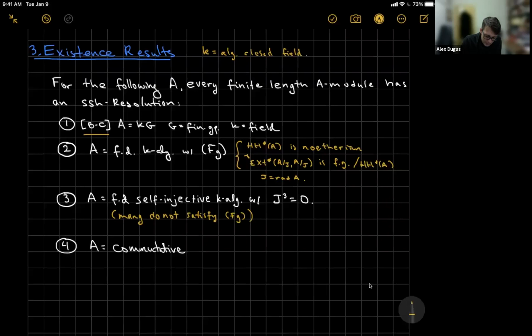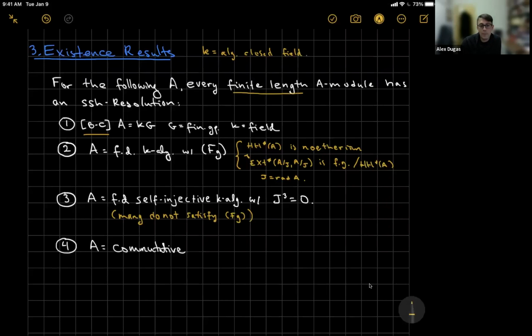Something else I wanted to say here: again, A is still a Noetherian ring, so we're looking at commutative Noetherian rings, but it still only establishes existence for finite length modules over commutative rings.